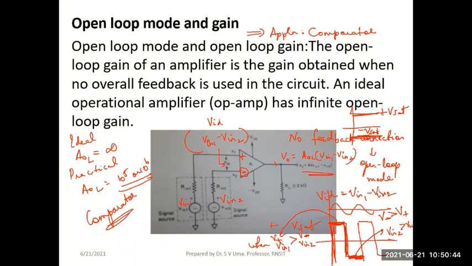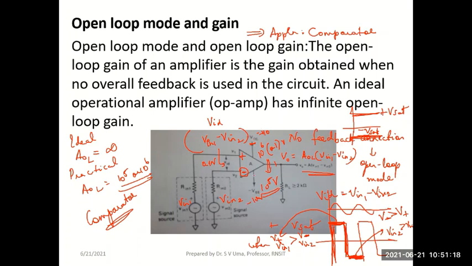Remember, the main reason why the output is going to one of the saturation levels is because of this very high gain. Say you have 0.1 volt at the input, the output will be 10 power 6 into 0.1 volt. How much would that voltage be? It will be 10 power 5 volts. How do you represent such a large voltage in a circuit which has VCC only, say, plus 10 volts and minus VEE, minus 10 volts?